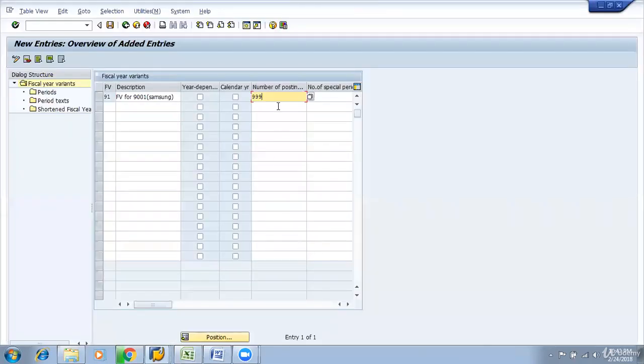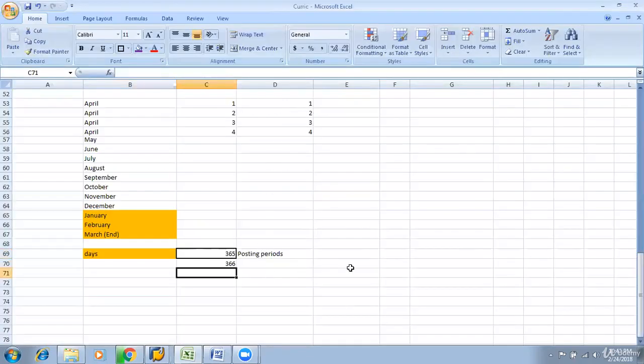Why is the system accepting 999? I cannot say this is a bug, but it is a limitation in the software, where the developer has set 3 digits maximum. Instead, he could have set a coding saying that 366 is the maximum, but he set 3 digits maximum. So 3 digits maximum includes up to 999.